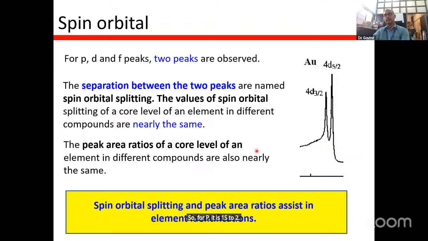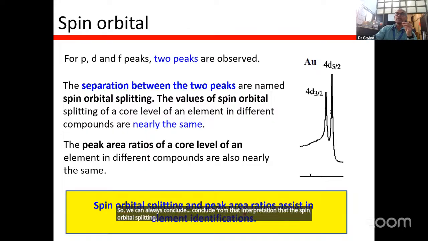For D, it is 3 by 2, 5 by 2, and for F, 5 by 2, 7 by 2; the area ratio will remain the same. So we can always conclude from that interpretation that the spin orbital splitting and the peak area ratio help us to identify the element. What kind of element is there?